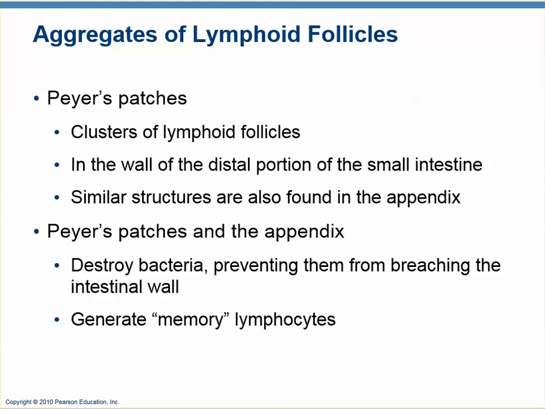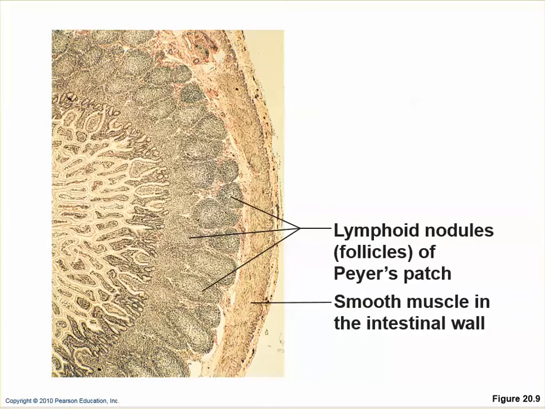The appendix works along with the Peyer's patches, and that happens right at the beginning of the large intestine, right where the small intestine dumps out into the large intestine in what's called the cecum. So you see these Peyer's patches all along the intestinal mucosa.